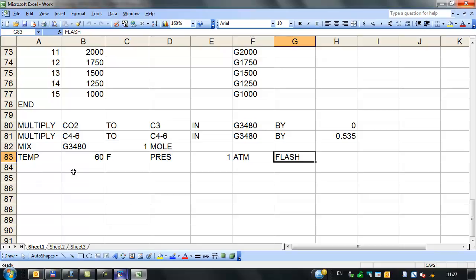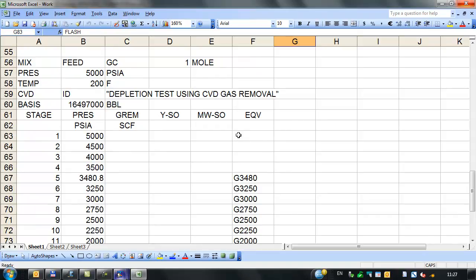Okay. And then we'll have to put that together with the molecular weight here. We've got the gas removed, which is the standard cubic feet. Actually, I'm just going to keep this in moles, I think. Pound moles, maybe.